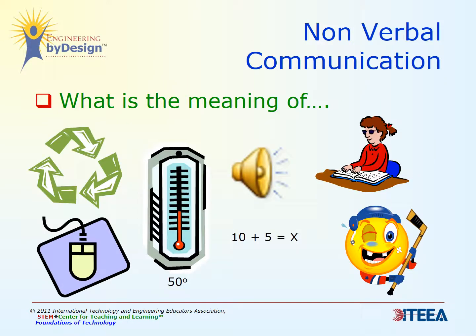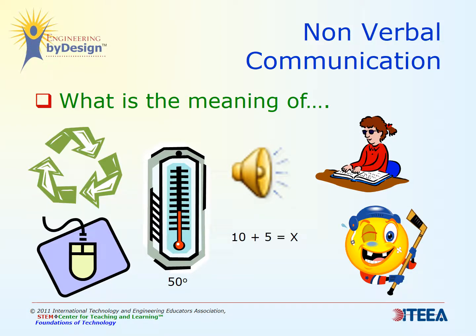Now let's look at some nonverbal communication. Okay, so what do you think these mean? The green arrows. Yes, that's right, that's recycling. And under that, oh, you use a mouse with your computer instead of having a laptop with the mouse pad.